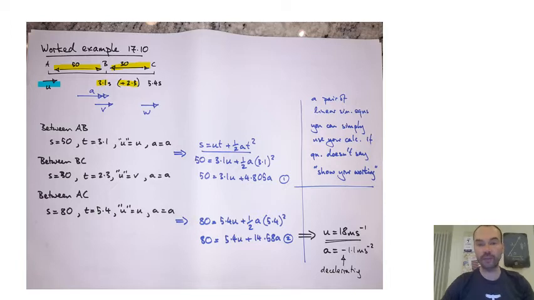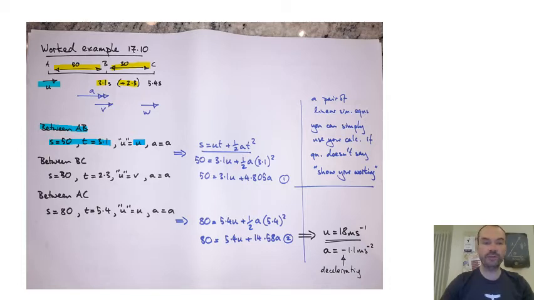So what can we do with that information then? Well, between A and B, we have the displacement, we have the time, and we're told that the initial speed is U, and we're told the acceleration stays constant throughout the whole thing.